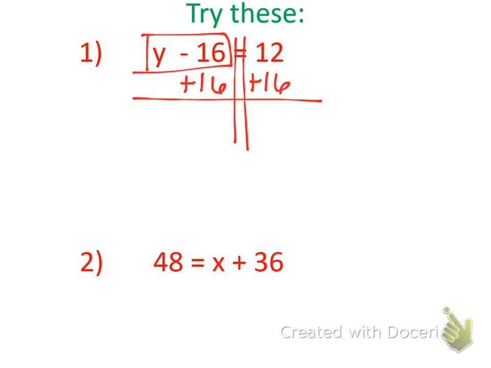Don't be bothered by the fact that it was minus 16 and plus 16. Don't be bothered by the fact that that was a negative first, because we've already been working with this anyways. Okay, so minus 16 plus 16, that goes away. I would cross it out so that you know it's gone. And what's left on this side is just y, equals, and then we have 12 plus 16 is? 28. y equals 28.